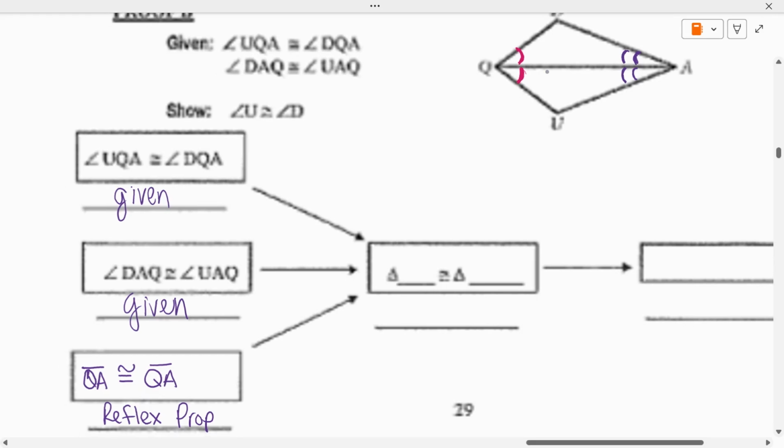Okay. So that piece is congruent to itself. So now how are those two triangles congruent? What do you have marked on those two triangles? You have an angle and a side and an angle. So triangle QDA is congruent to triangle QUA by angle, side, angle.